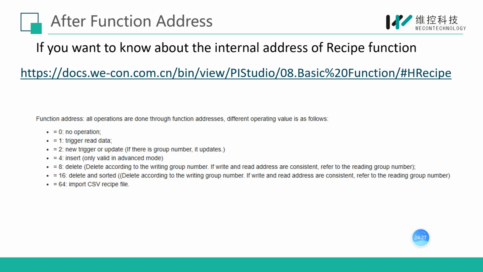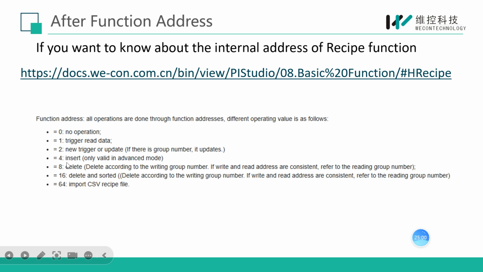About the function adjust, you can see each corresponding value has a corresponding function. The first one, equal to 1, is to read from the table, and 2 is to update, which writes to the table.